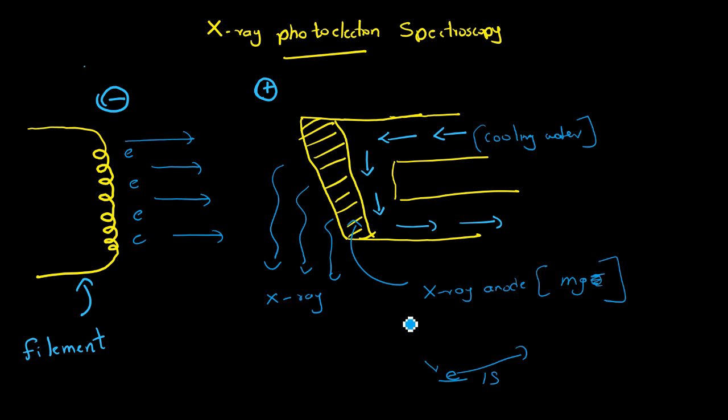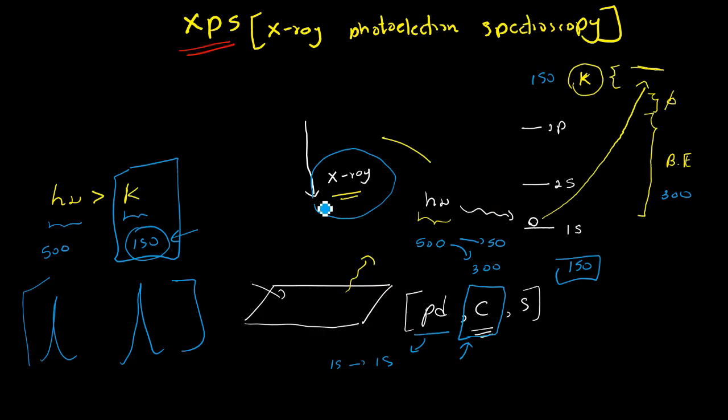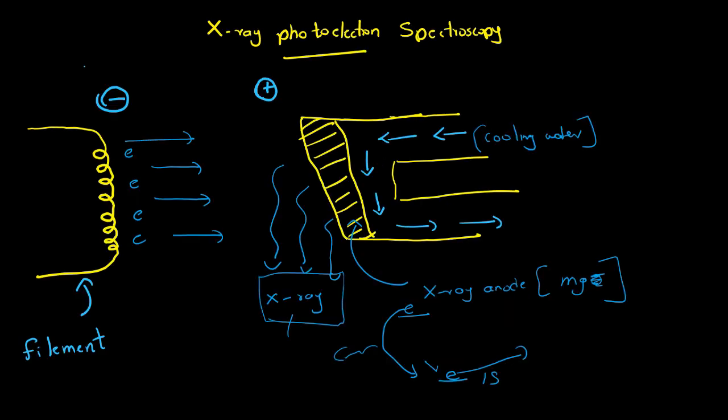Electrons on the higher energy level will come down to the 1s to fill these gaps. When these electrons come down, they have to release their energy in the form of X-rays. This is how we are going to make our X-ray source.